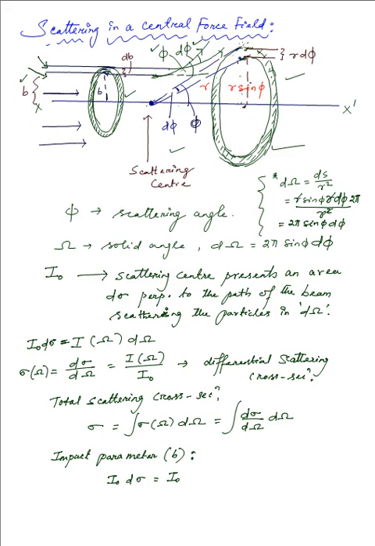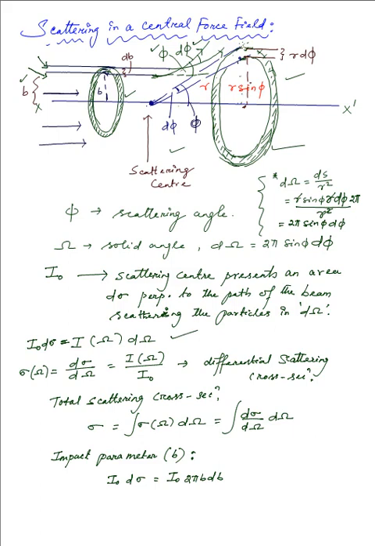So what we get is I naught d sigma is equal to I naught times 2 pi b db. Why? Because 2 pi b db is the circumference times the width, the area that is subtended by that strip, which is going to give us d sigma in that case. So this is the value. Now we have I naught d sigma to be equal to I omega d omega.